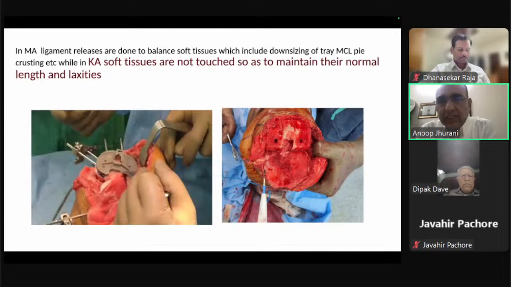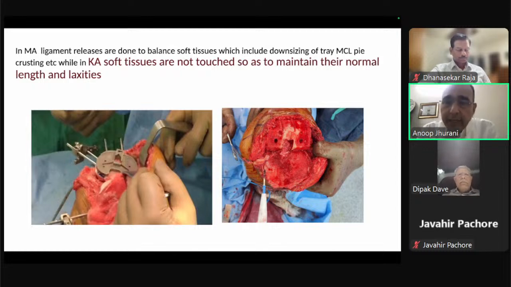The first reason, to my mind, why I started thinking about kinematic alignment and looking at the long-term evidence, is that we release a lot of soft tissues in mechanical alignment. These soft tissues are responsible for the normal feel, form, and function of the knee.